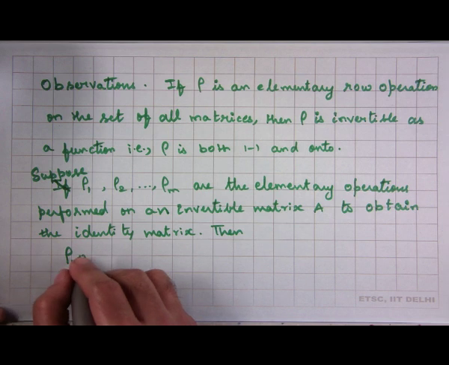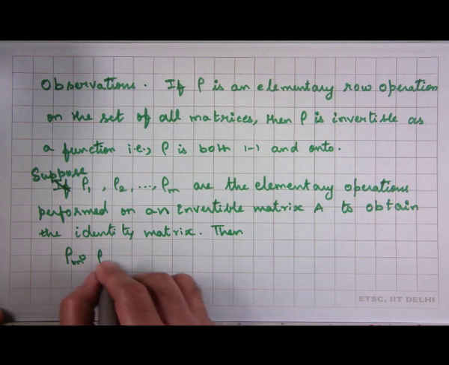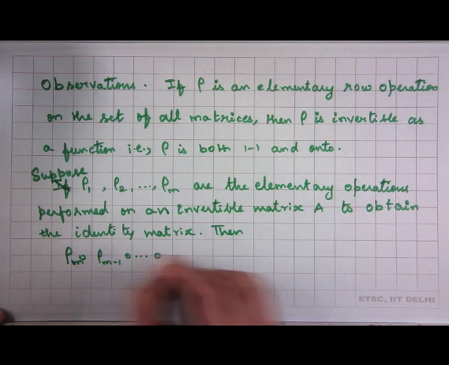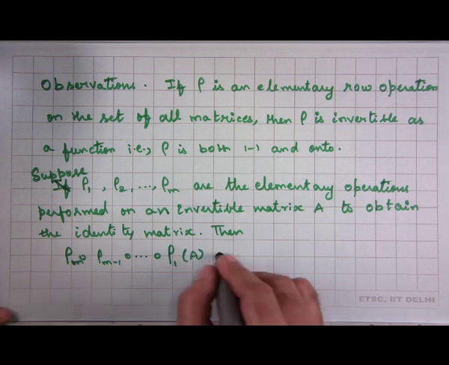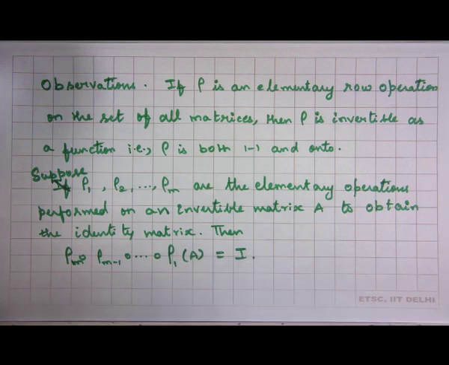Rho m composed with, well, I will write it as rho m minus 1, down to rho 1, if it is performed on A, what you get is the identity matrix.